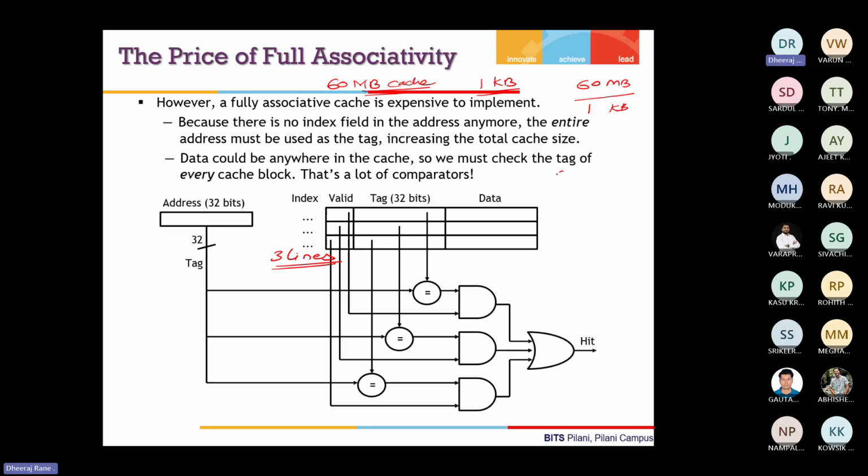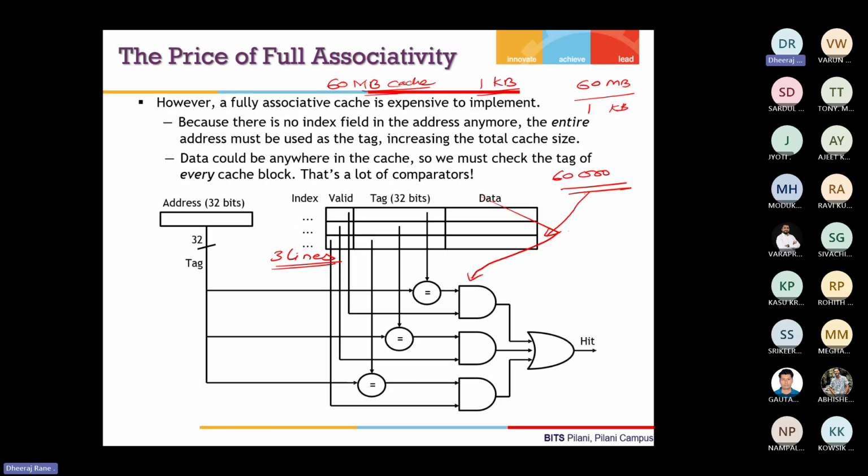right? Altogether 60, and if I consider it as 1000, so altogether such 60,000 AND gates, right? So such 60,000 AND gates needs to be utilized for getting the availability checked, or where exactly the data is being placed.